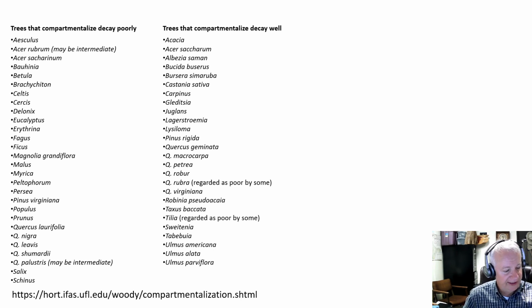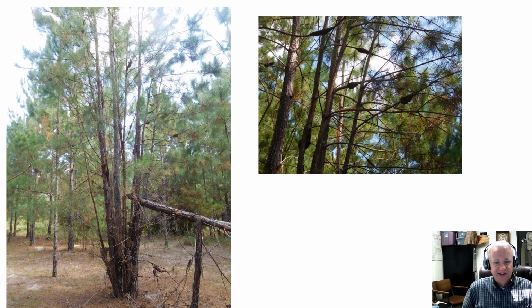The final thing that I want to cover has to do with phenology. Phenology can be thought of as another element that's related to susceptibility to disease, in that phenology can influence how resistant or not a tree is to attack by a pathogen.